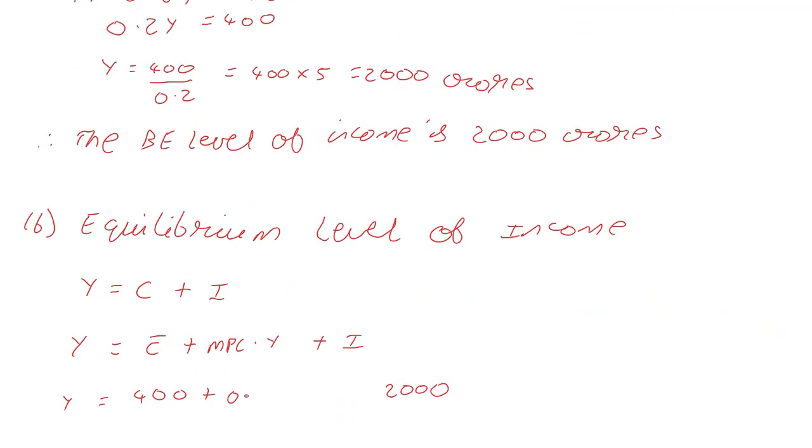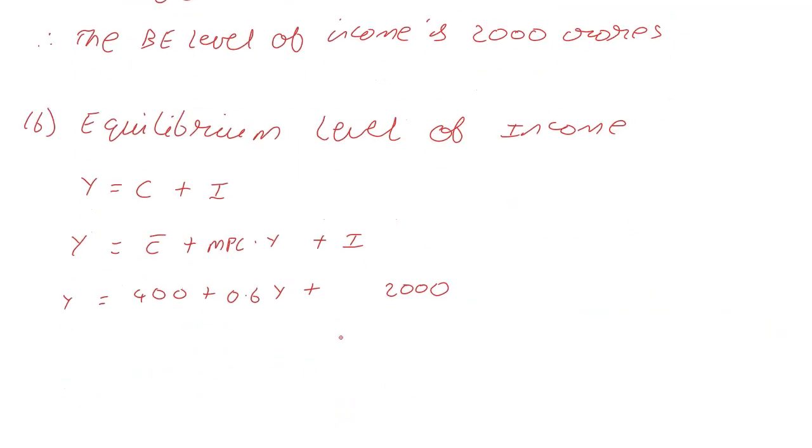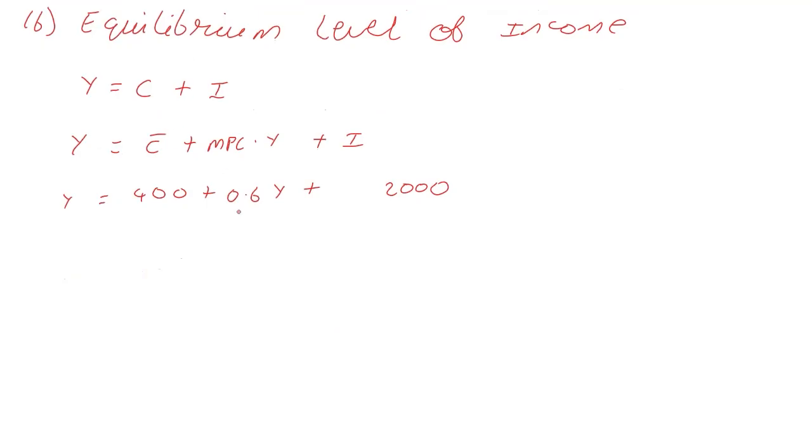So 0.6 into Y. This is how we substitute and solve. 0.6Y over here is addition, goes that side, it becomes subtraction. These two numbers can be added. So we're going to end up with 1Y minus 0.6Y is equal to 2,400. And now 1Y minus 0.6Y is equal to 0.4Y, which is equal to 2,400.